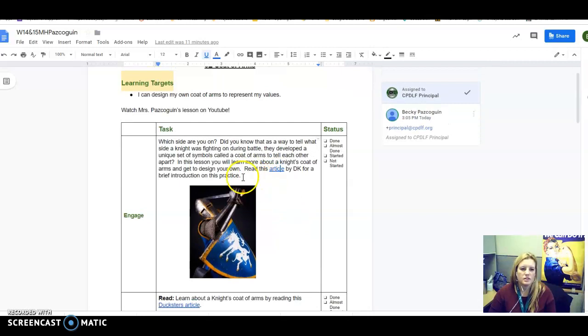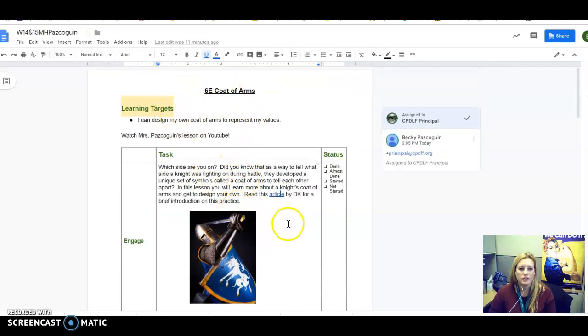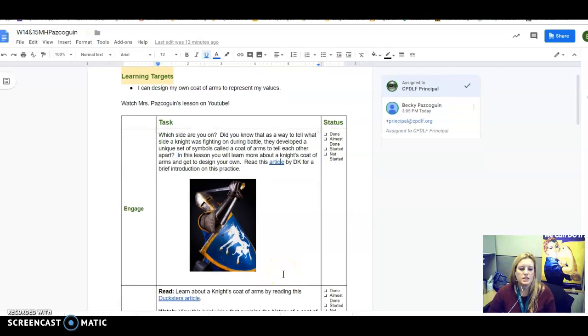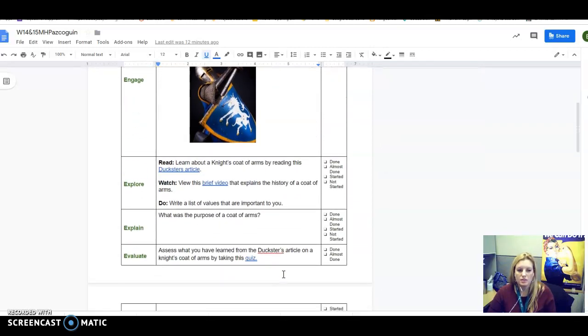For this lesson, you're looking further at this idea of a coat of arms. We've been studying all about the samurai and the knights and their expectations and their values. Now I thought it would be neat for you to learn about the practice of designing a coat of arms in medieval Europe, and I am going to have you design your own.